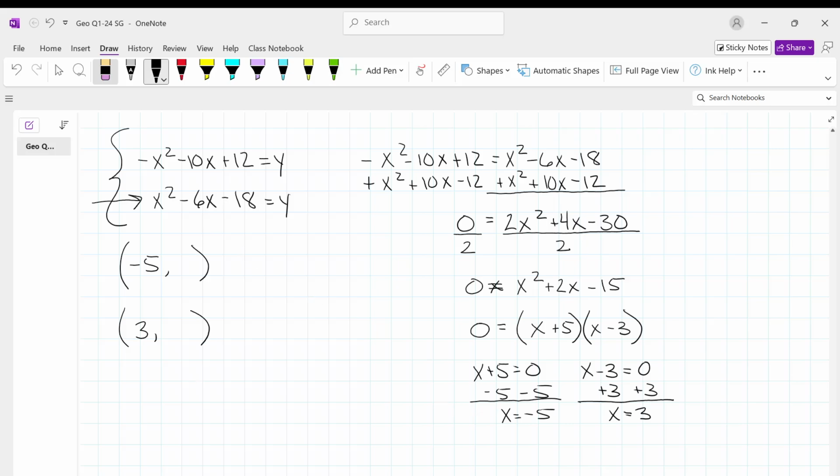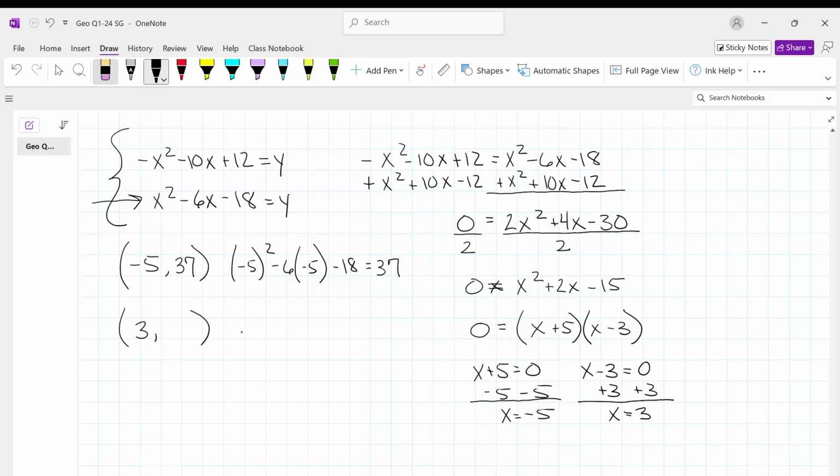So when I substitute the -5, -5 squared minus 6 times -5 minus 18. Again, it's a calculator operation. That's 37. So when our x is equal to -5, our y is equal to 37.